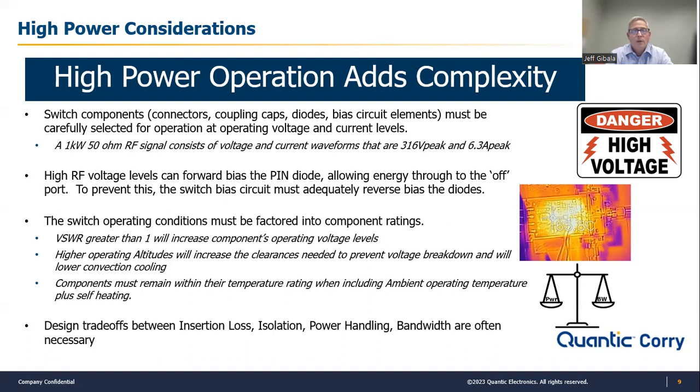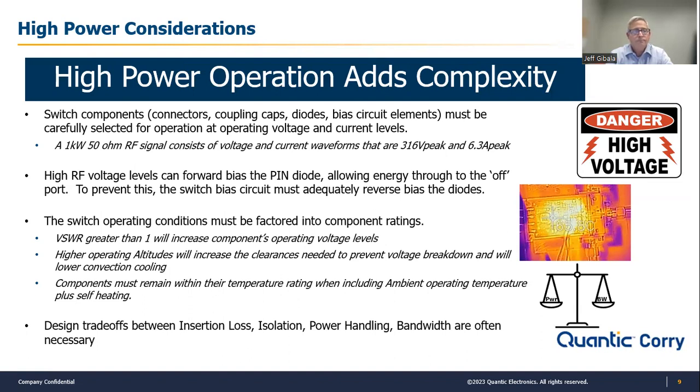And components must remain within their temperature rating when including the operating ambient temperature plus the self-heating as they dissipate some energy from the RF that will cause them to self-heat. All of this has to be factored in and considered when picking out the components. And design trade-offs between insertion loss, isolation, power handling, and bandwidth are always necessary.